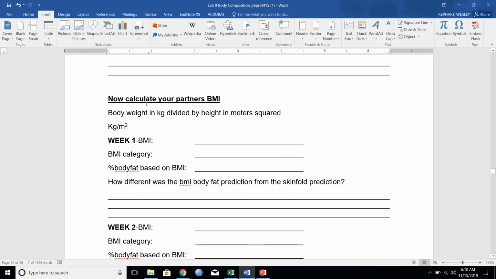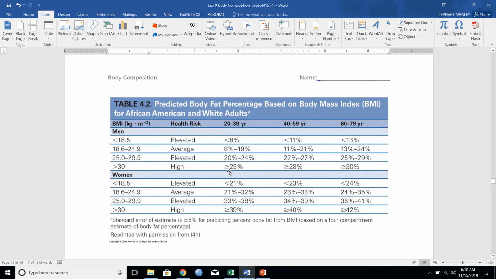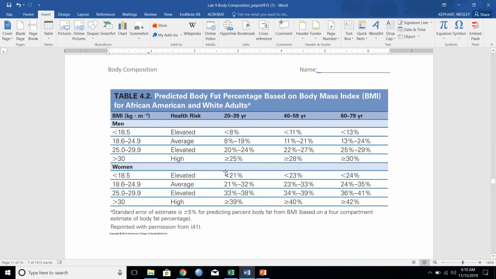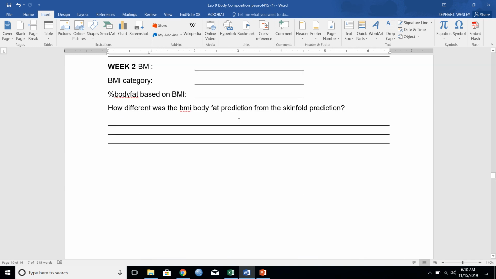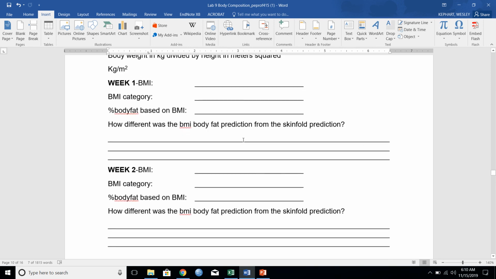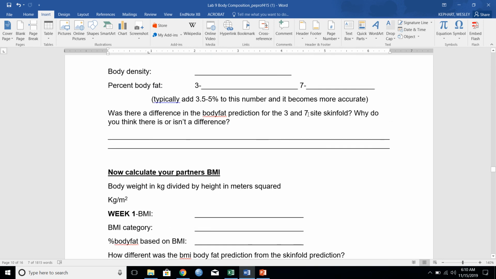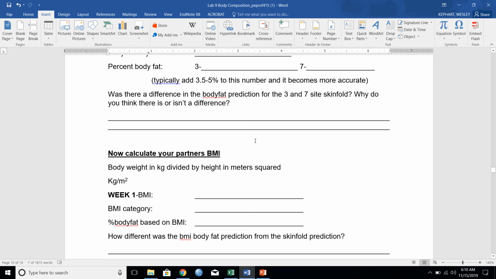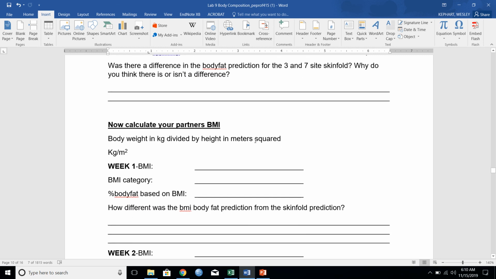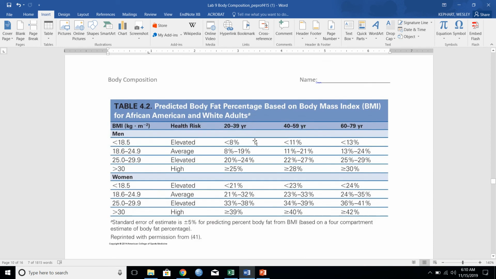Next, calculating your partner's BMI and percent body fat based on BMI, for which we have normative data right here. I want you to answer some questions about that for me. Also, if the percent body fats are different with 3 and 7 sites, I want you to tell me about that and speculate a little bit why.